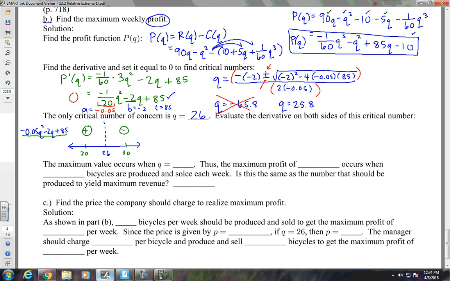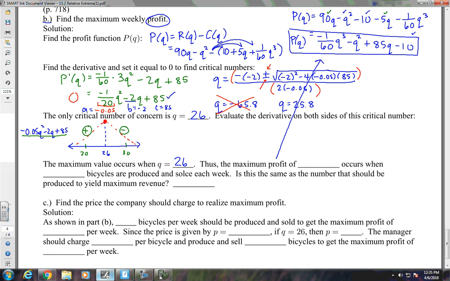That's good news. Do you know why? Well, if my function is increasing and then decreasing, that means a maximum profit is possible. So the maximum value occurs when Q equals 26. That is, we're making 26 bicycles. And now I have to figure out what is the maximum profit. Now, I'm not going to plug it into my derivative. I'm going to plug it into my original profit function. And I feel like I need the calculator on this one.